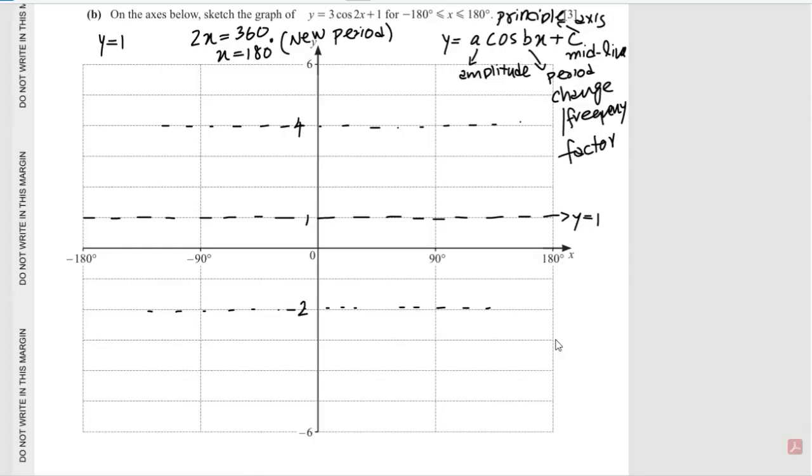It starts here somewhere and its period is 180. Now you don't need to be very specific since it's just a sketch. But you can put these dots like here. This will help you to sketch your cos properly. If you wish to find, this is 45 and this is 135, but don't mark it. That's okay. You can just sketch it now.